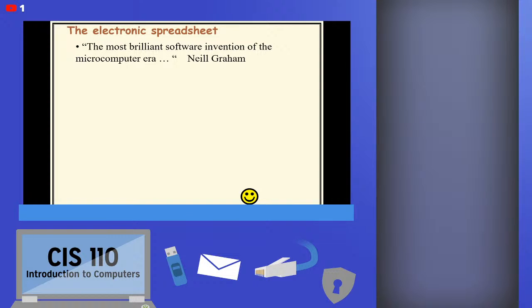Neil Graham called the electronic spreadsheet the most brilliant software invention of the microcomputer era.